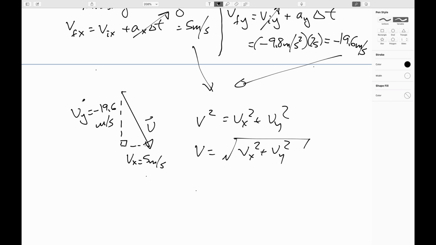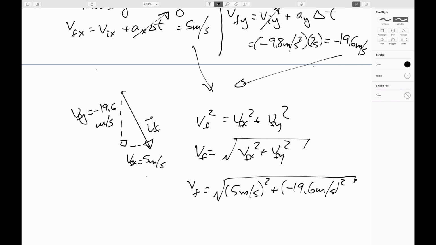Again, I should be putting finals everywhere. So V final will be the square root of 5 meters per second squared plus negative 19.6 meters per second squared. And again, we're not fussed about the minus sign because we're going to be squaring it.